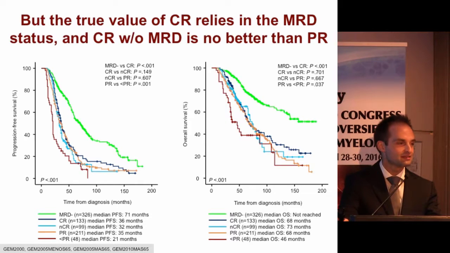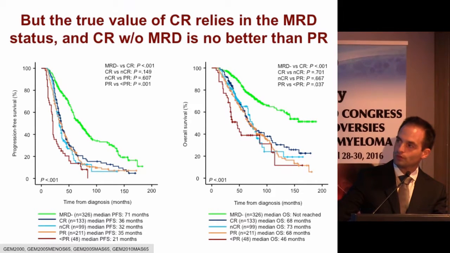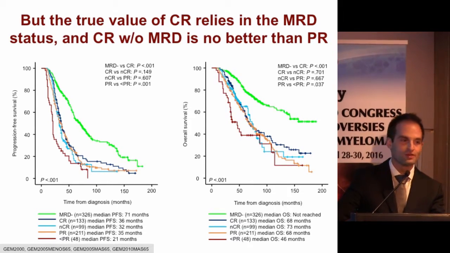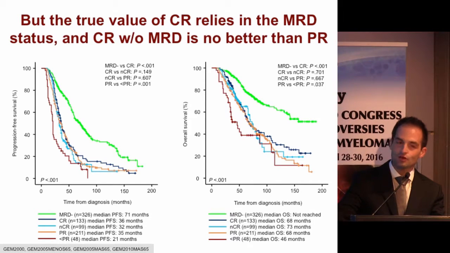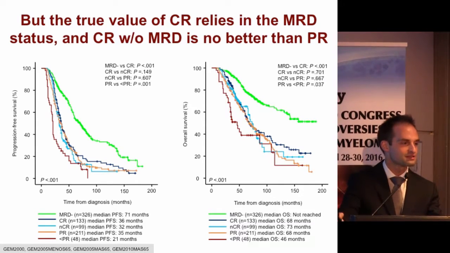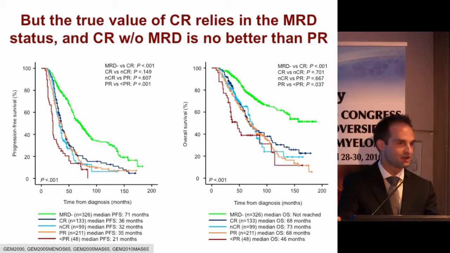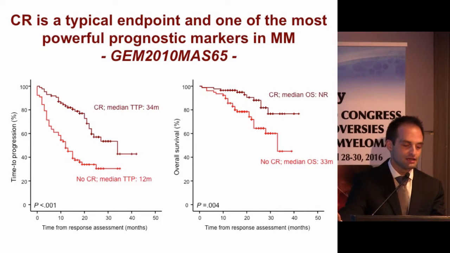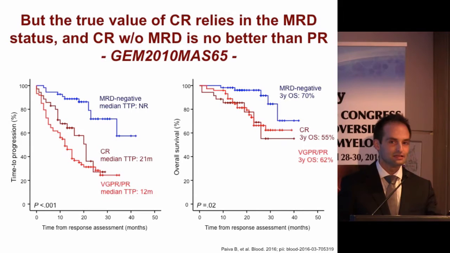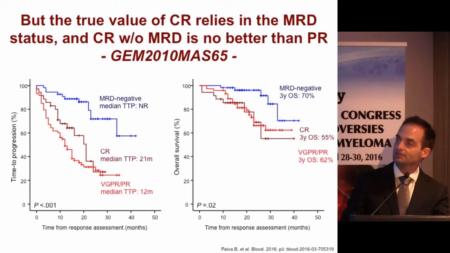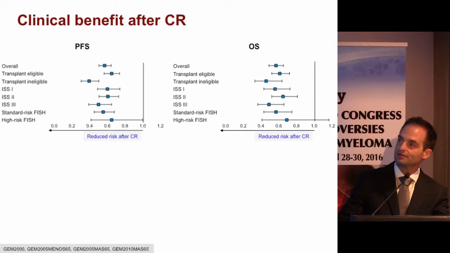And I would even say that with a very long follow-up and based in a large number of patients, only MRD negativity, even with a very low sensitive 4-color flow assay, gives some probability of long-term survival. It's not that CR is not clinically meaningful, it's that MRD negativity supersedes the clinical benefit of complete response.